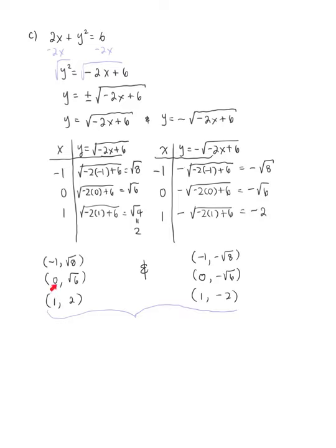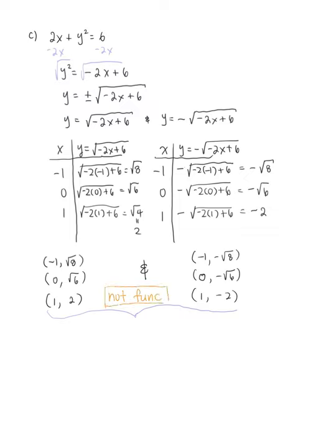Okay, so similarly here, when x is 0, right, because these are the domain values, look at the y values. They have two different y values, right? One is root 6 and then another one is negative root 6. So in this case, this equation is not a function. So I'm just going to put not a function. Okay, so I'm just going to leave it as that.